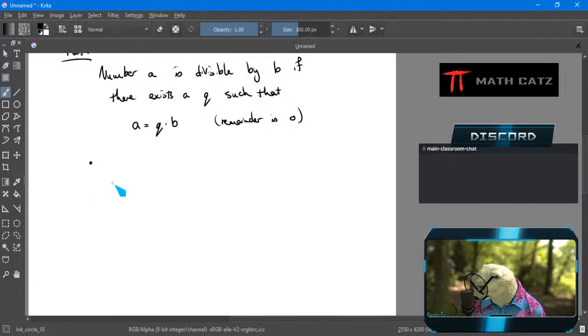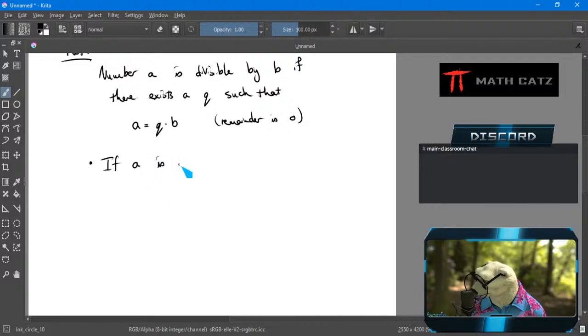There is no problem. So, divisibility, right? Let me say it in words maybe first. I have some number A. I'm making general statements. I can't look at a specific example necessarily, but afterwards we can.